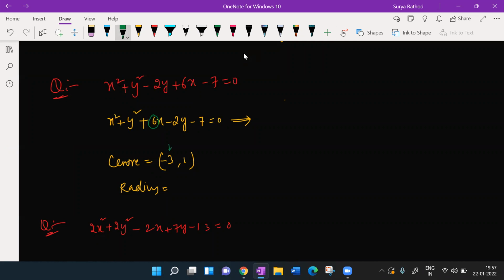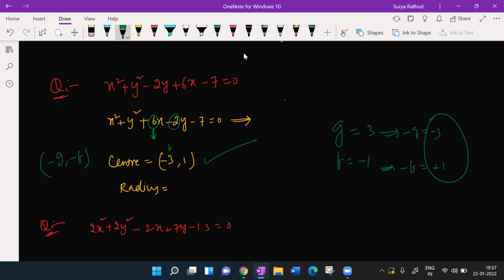What was my center? Minus g comma minus f, right? Half of the coefficient of x gives you the g value. What is the g value here? 3, okay? Half of the coefficient of y gives you f, which is -1. But my center is minus g comma minus f. So for minus g what will I do? -3. Minus f will be +1. So -3 comma 1 is my center.